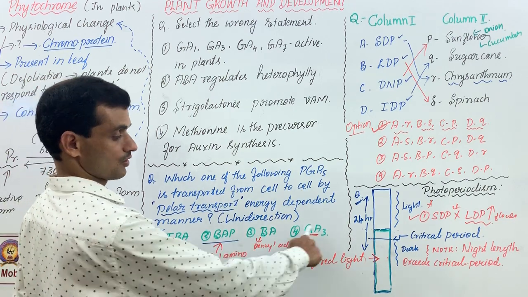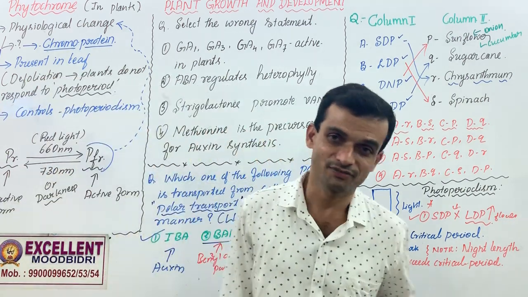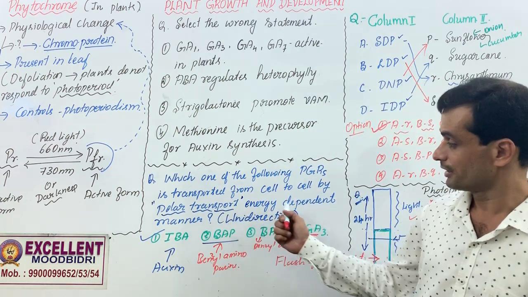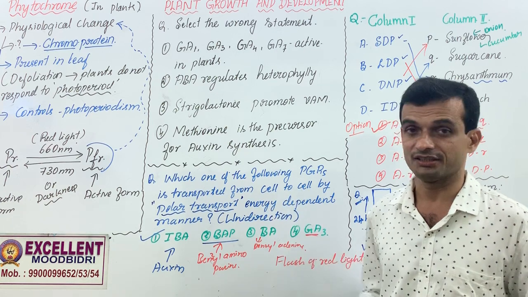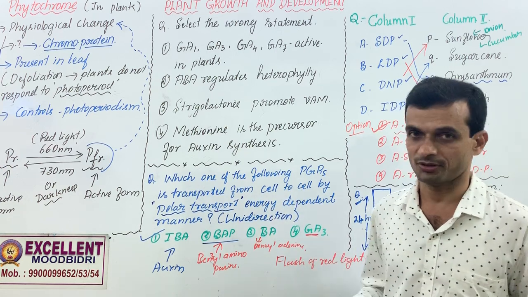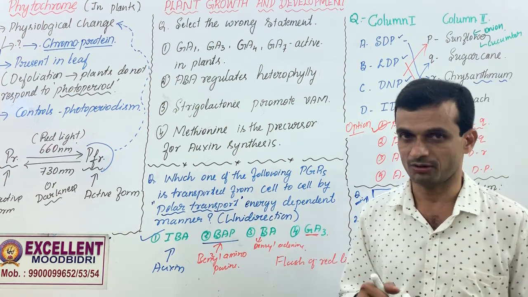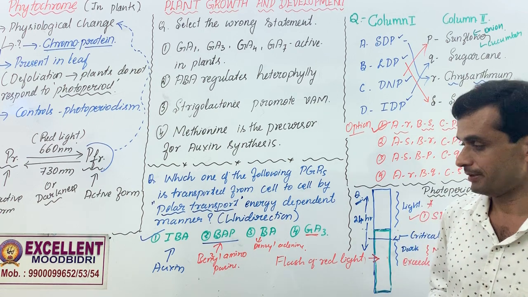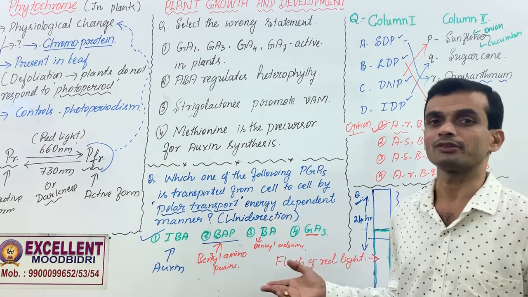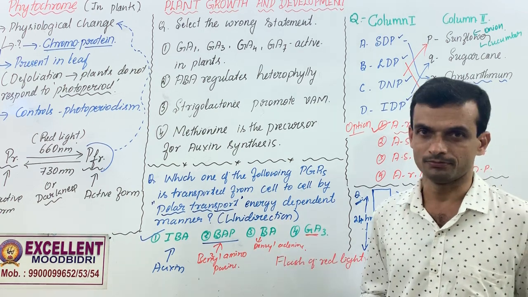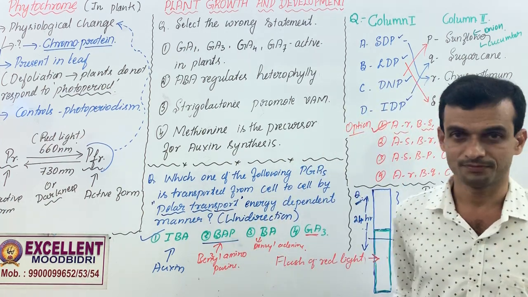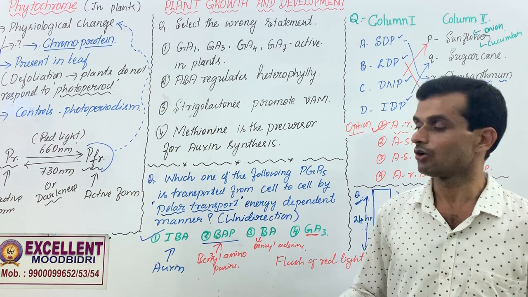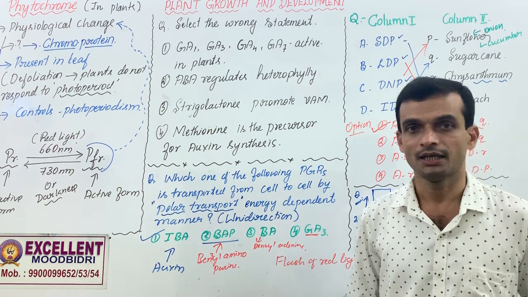These are not transported from cell to cell by polar transport mechanisms, unidirectional and energy dependent mechanisms. They may diffuse across cell membrane, cell wall. It's not energy dependent. They are transported through vascular tissues, xylem and phloem. This is the only one hormone which is that auxin, natural auxin, indole acetic acid or indole butyric acids.